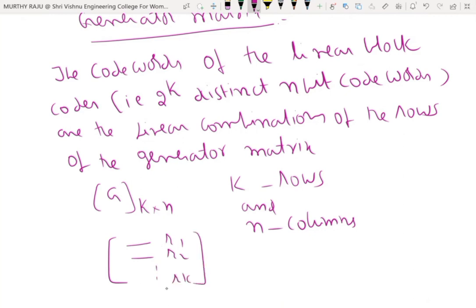The linear combinations of these rows of the generator matrix are nothing but the code words of the linear block codes.